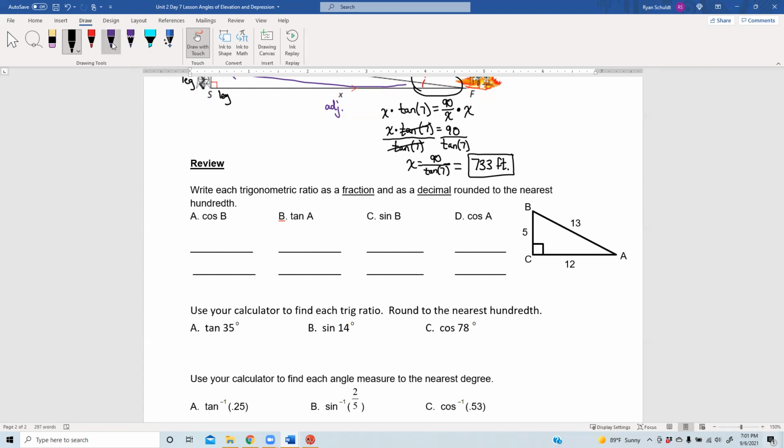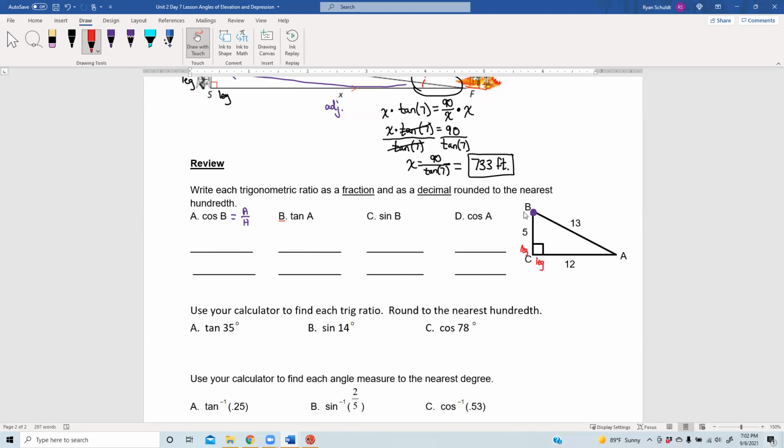A asks us about the cosine of B. So I'm going to be standing at angle B. Now, what two sides do I need for cosine? I need the adjacent over the hypotenuse. So if I'm standing at B, which leg, which we didn't label those yet, label your legs.